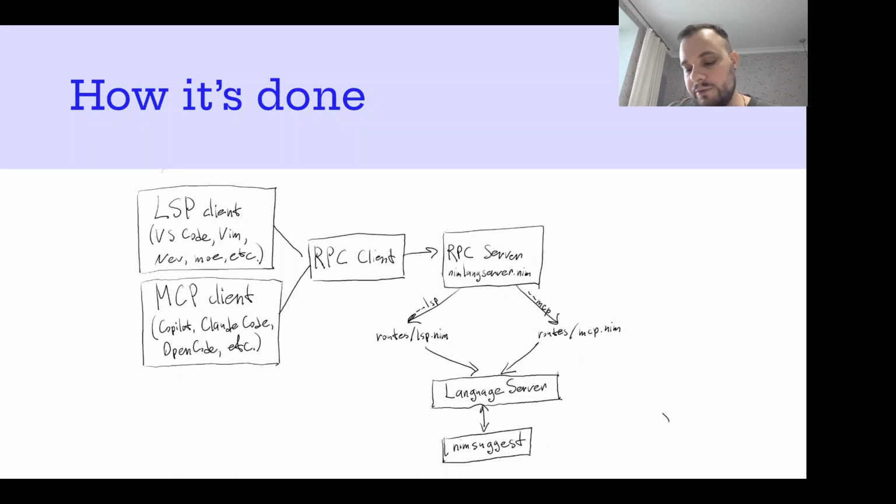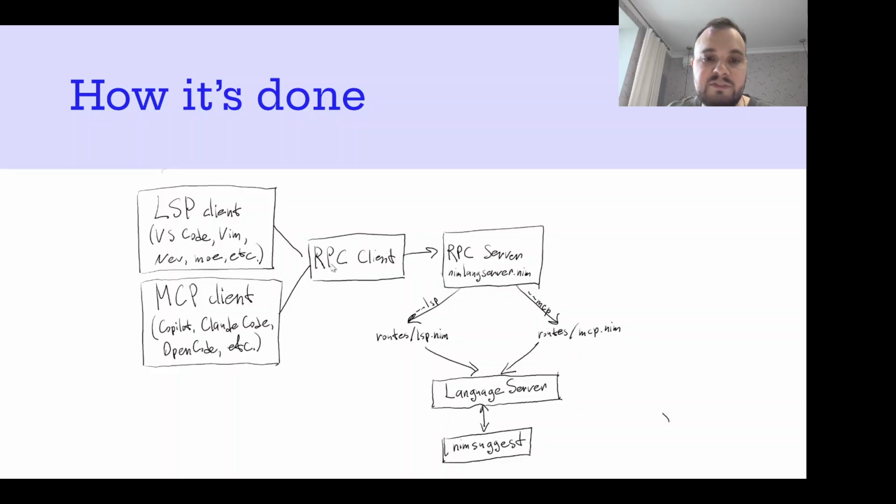Here's a quick overview of how the nimlangserver package is structured now after the modification. We have two groups of consumers, LSP clients and MCP clients. As I said earlier, LSP clients are editors: VS Code, Vim, Neovim, etc. And MCP clients are AI agents: Copilot, Claude, OpenCode, Gemini, etc. Both LSP clients and MCP clients are what's called RPC clients.